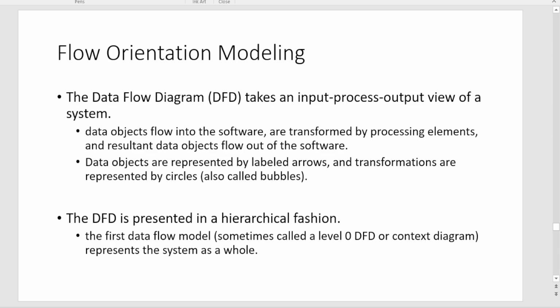So the data flow diagram is a part of flow-based modeling. It takes an input and processes it into an output view of a system. The data objects flow into a software and are transformed by the processing elements, and resultant data objects flow out of the software.